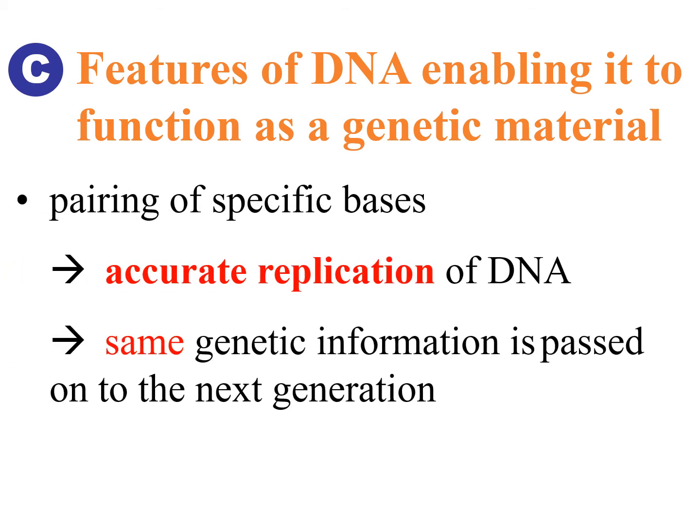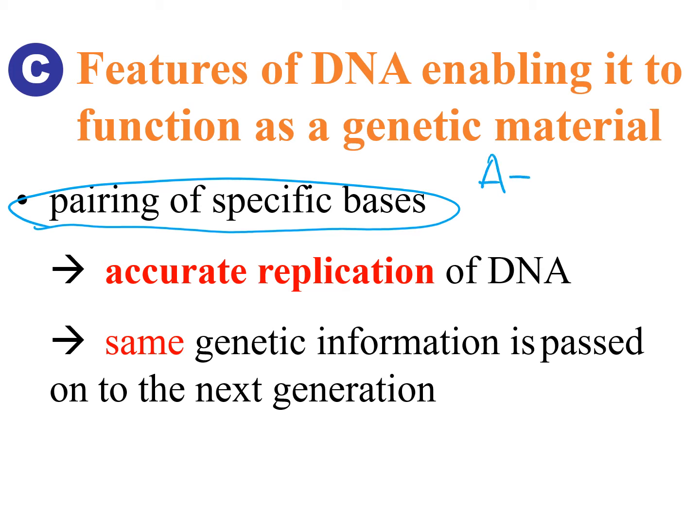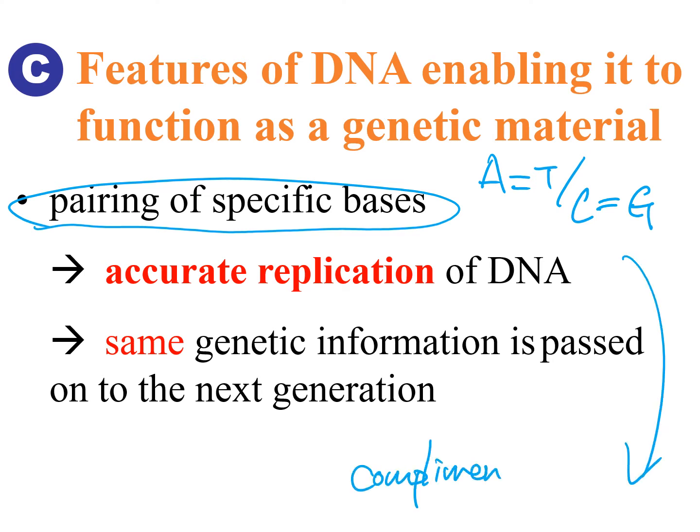And last but not least, you want your DNA to copy and make another DNA very accurately. This requires the help of specific base pairing. As you have learned before, for the base pairs, that means the nitrogenous bases, A always pairs up with T, while C always pairs up with G. This is what we call complementary base pairing.